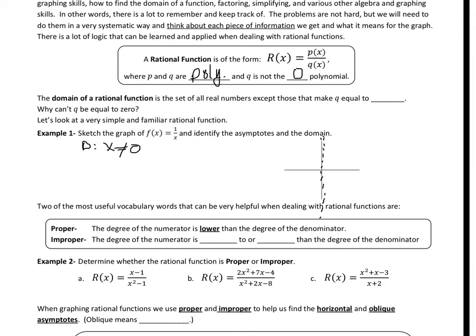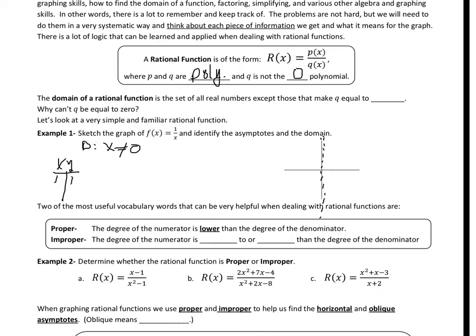Before we get to horizontal asymptotes, let's go ahead and graph this. For now, for our graphing skills, let's just plot some points. We'll make ourselves a little xy table here. We know x can't be 0, so let's make x 1. If x is 1, what is y, or f of x?